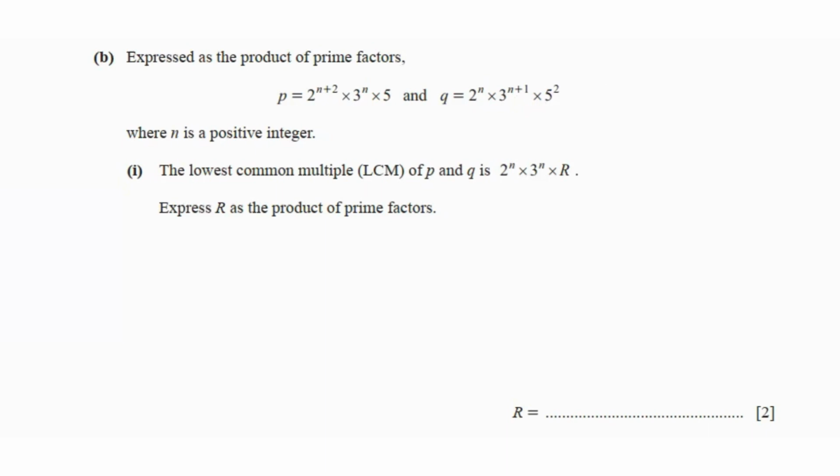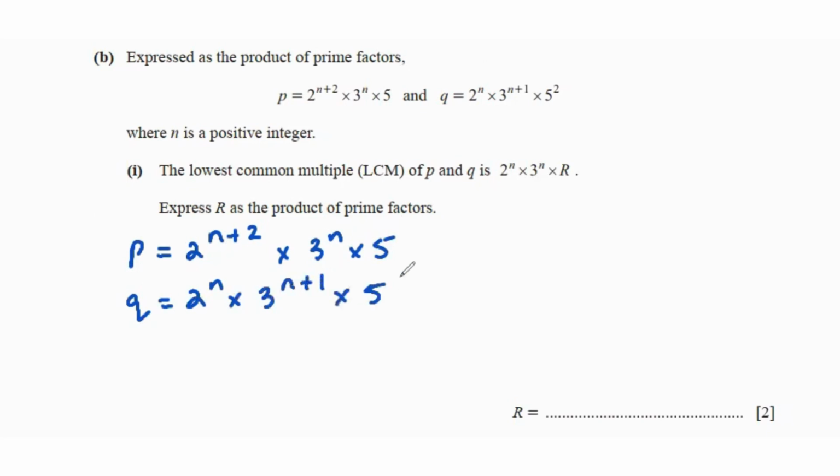So r is basically going to equal to, so basically they're asking us about the lowest common multiple. P was 2 to the power of n plus 2 times 3 to the power of n times 5. And q is 2 to the power of n times 3 to the power of n plus 1 times 5 square.